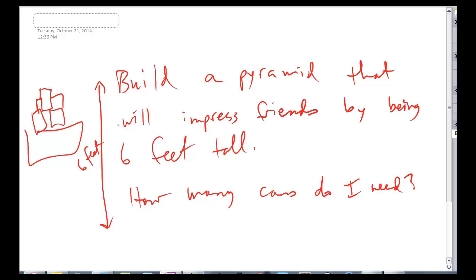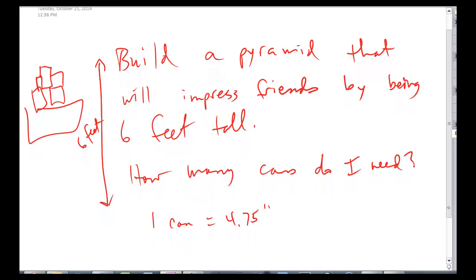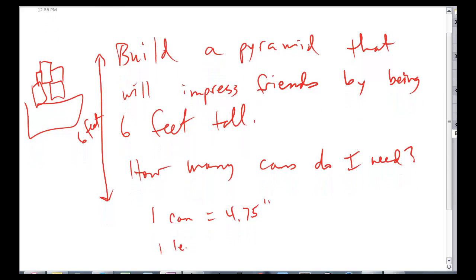So, we measured how tall a can of cola was, and we got 1 can equals 4 3/4 inches. So each level is 4 3/4 inches.